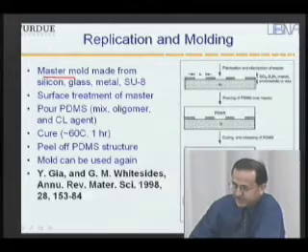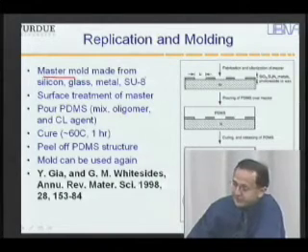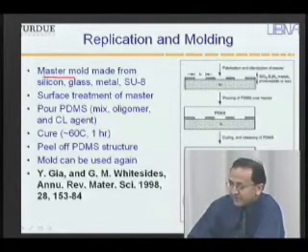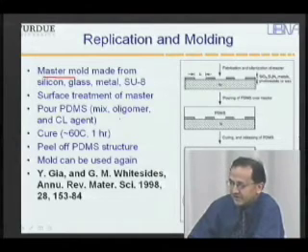You first make a master, and then you do a surface treatment of that master, and then you pour your PDMS components, which is the oligomer and the cross-linking agent, and then you cure this for a certain amount of time. Then you simply peel off that PDMS structure, and the PDMS structure that you peeled off becomes the structure that you're trying to define. The mold, however, can be used again and again. So that's why this is called replication and molding.